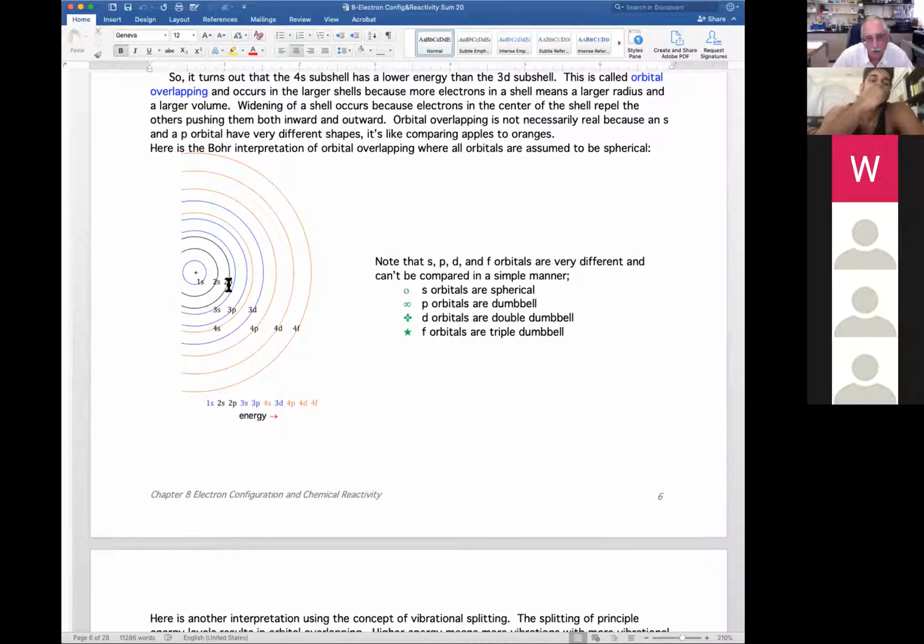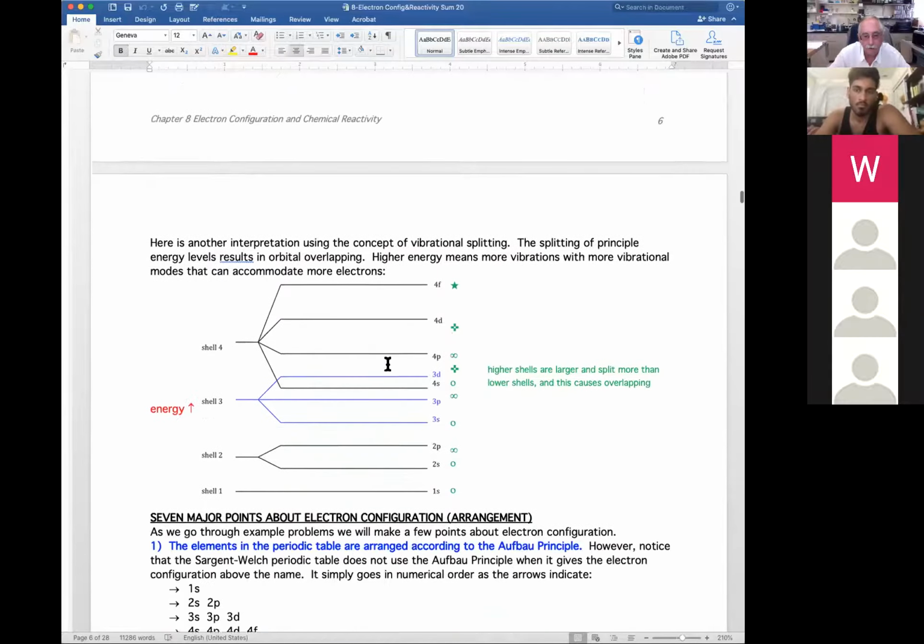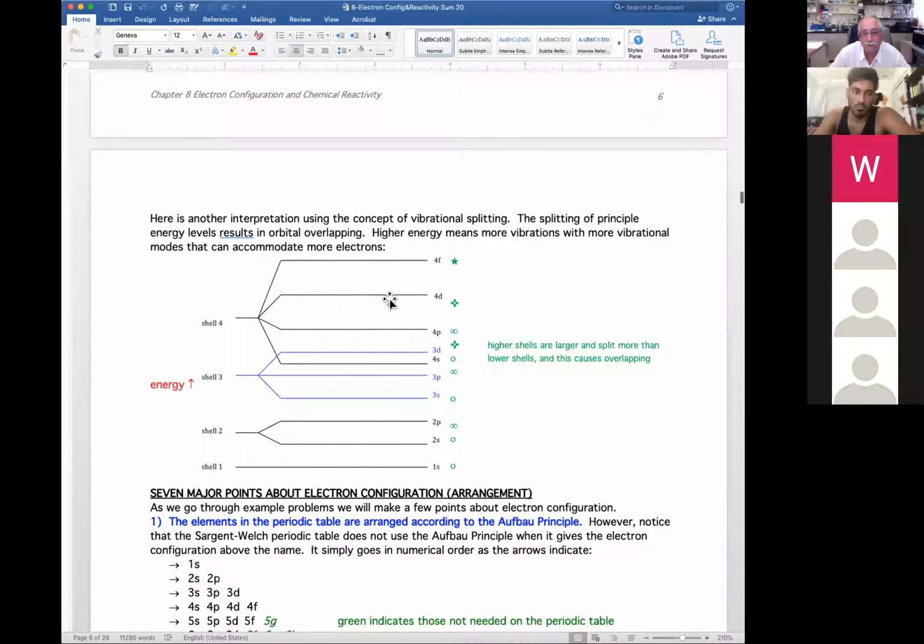Here, if I treat them all as spherical orbitals, you see that you have this orbital overlapping, because these electrons right here repel one another. So the more electrons that go into a shell, the bigger the shell gets, and it starts to spread out and bulge into other shells. Here's another concept of that. Regardless, if you look at the energy over here, 4s is a lower energy than the 3d.